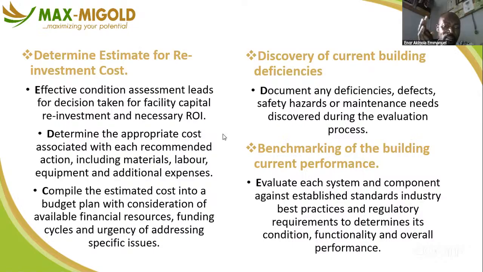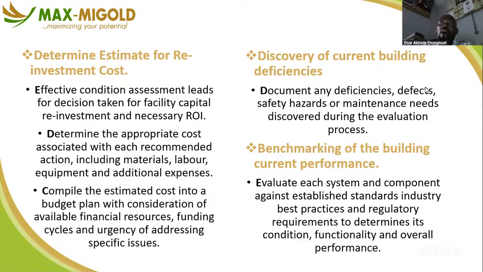Then compile the estimated cost into a budget plan with consideration of available financial resources, funding cycle, and urgency of addressing specific issues. When you do your assessment thoroughly, you are able to determine what repairs and maintenance you can easily attend to immediately based on priority, and what you can put on a plan.